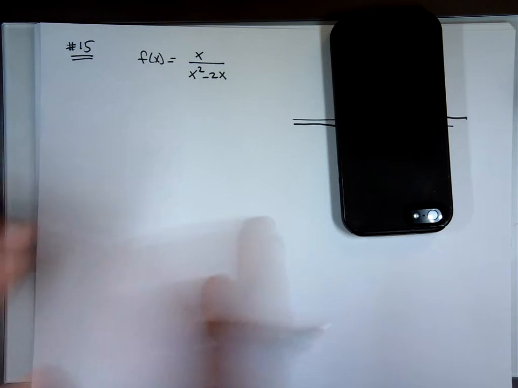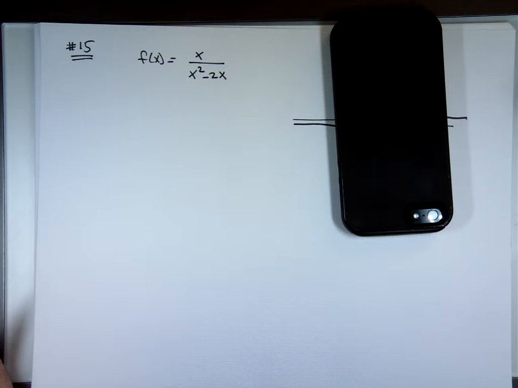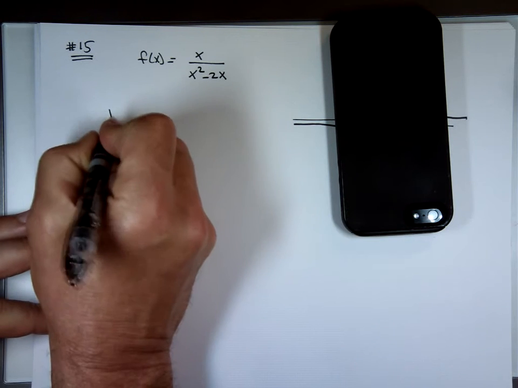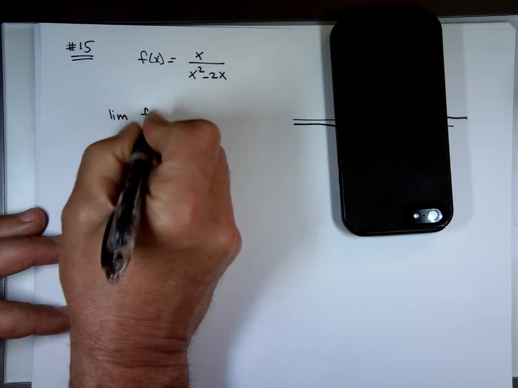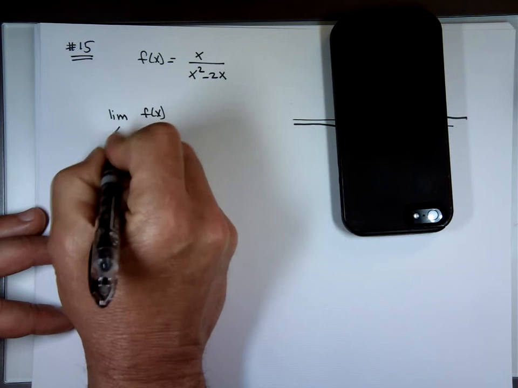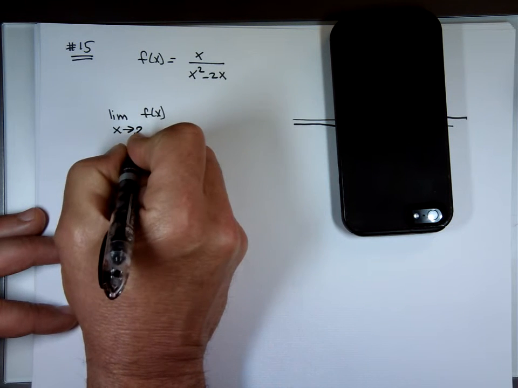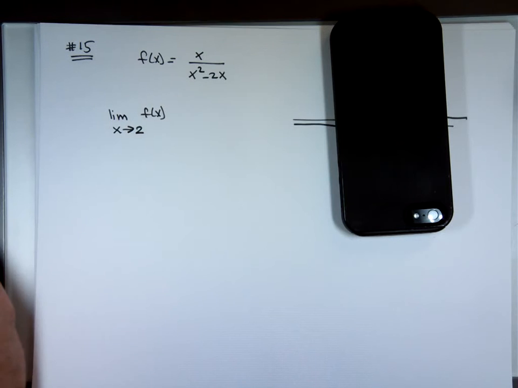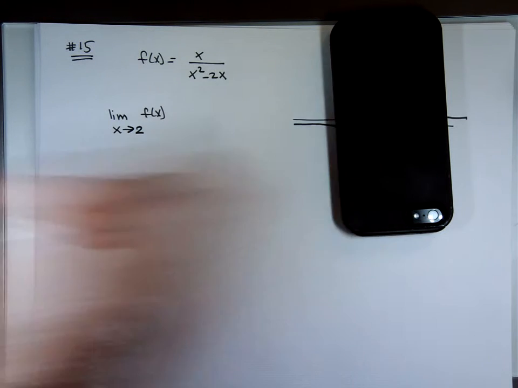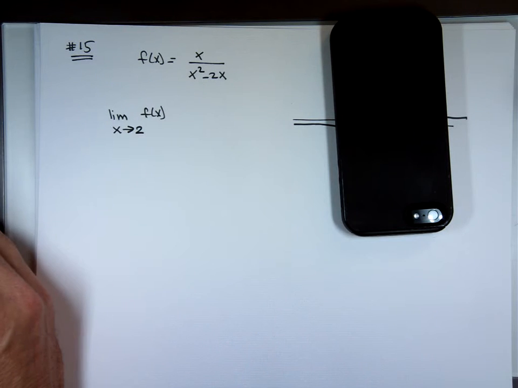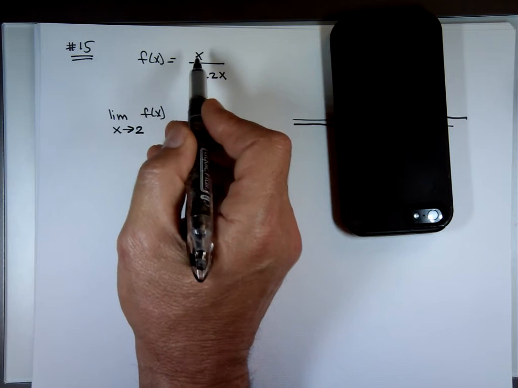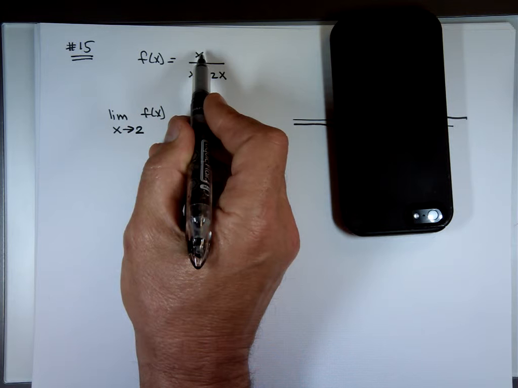I can do that mathematically. Remember, the question, what's the limit of f of x as x approaches 2? Is it 2? Well, if you look at direct substitution, when x is 2, what are you going to have? 2 divided by what?